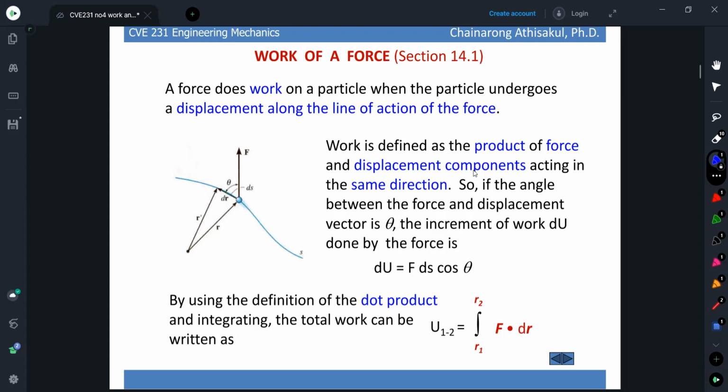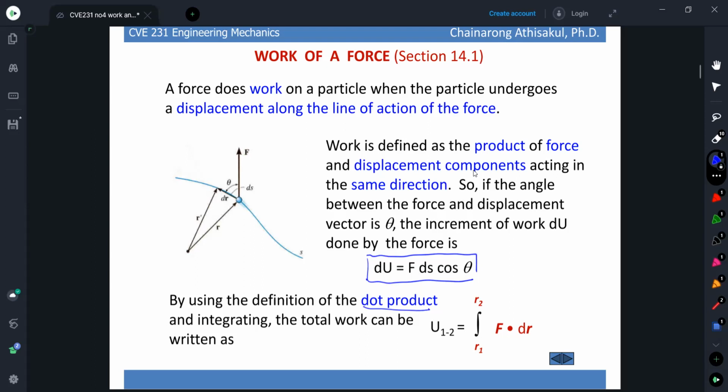So if the angle between the force and displacement vector is theta, the increment of work dU done by the force is defined by dU equal to F ds cosine theta, using the definition of the dot product, or scalar product, which changes the vector quantity to a scalar one.